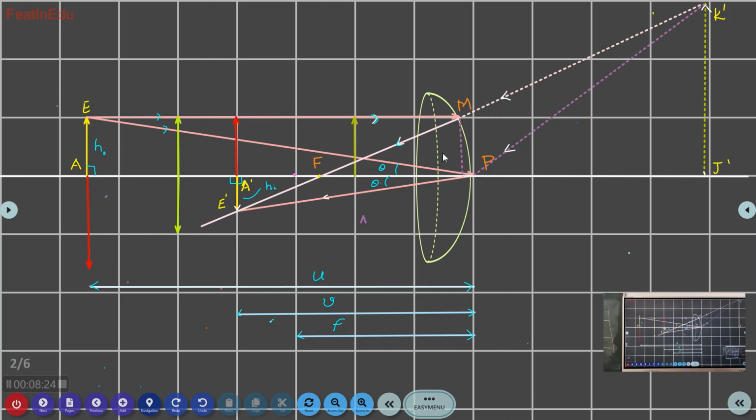Right. So now, please understand, I have demonstrated an experiment. In fact, I have made you conduct an experiment, and you have moved the object to and fro. You have observed the image. So now experimentally we have understood that the object size, the image size, the image distance, object distance, etc. are all related.